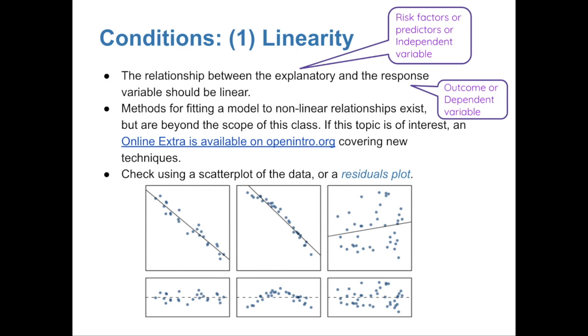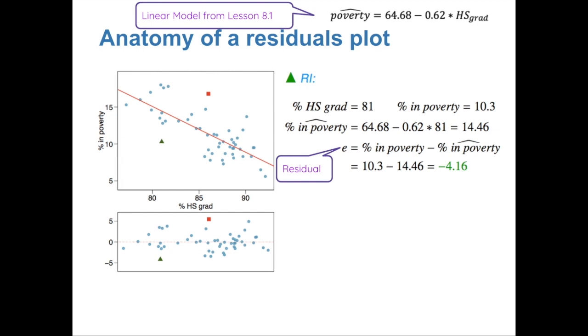Going back to the example from lesson 8.1, we said that the expected poverty equation was equal to 64.68 minus 0.62 times the percentage of high school graduates. Looking at the residual plot associated with our graph, let's take a look first at the green triangle.